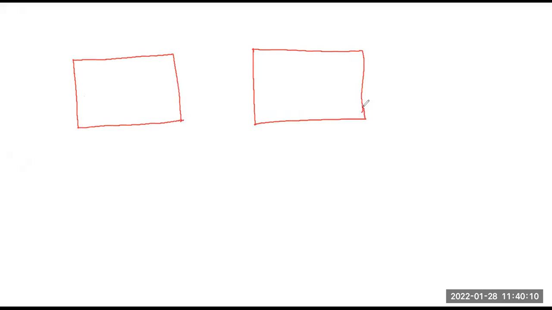Okay, so before starting the sum, I will just say a few things. Suppose this is your window and this is your viewport. This side is X and this is Y, right? So how will you name it?